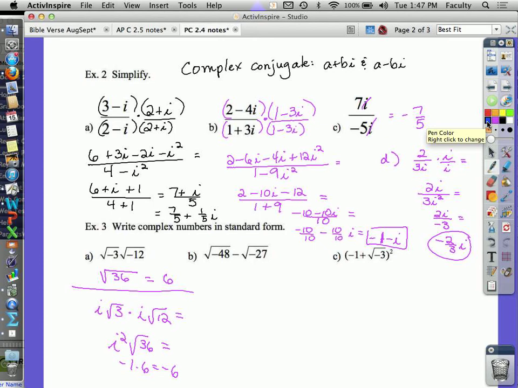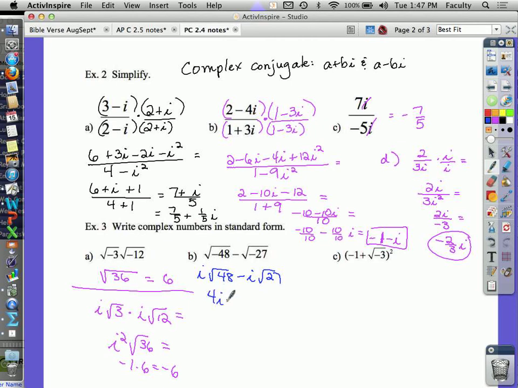So let's try that in letter B. Initially, this will be i radical 48 minus i radical 27. And then the faster and better you get at this, you can pull your common factors out with the i. That's okay, but I'm trying to do this nice and slowly. Well, what is the biggest perfect square that's a factor inside 48? 16, right? 16 times 3.